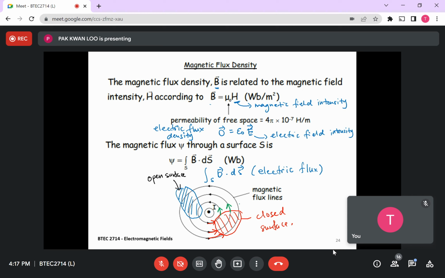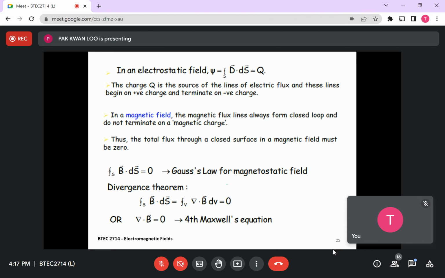Imagine you have a balloon like this. Whatever goes in comes out, so there is no net flux. Therefore, when we apply Gauss' law for magnetostatic field, for the closed surface the net flux equals 0.